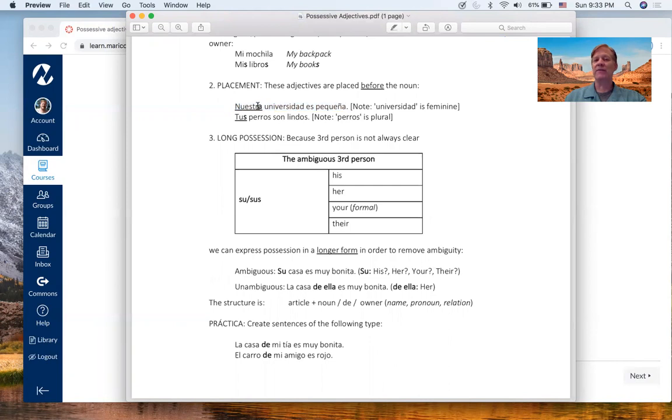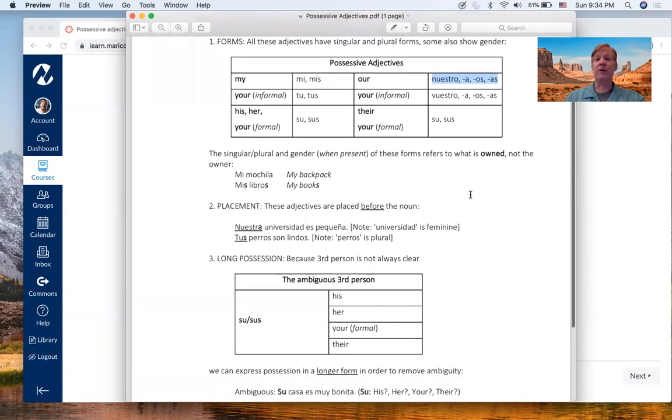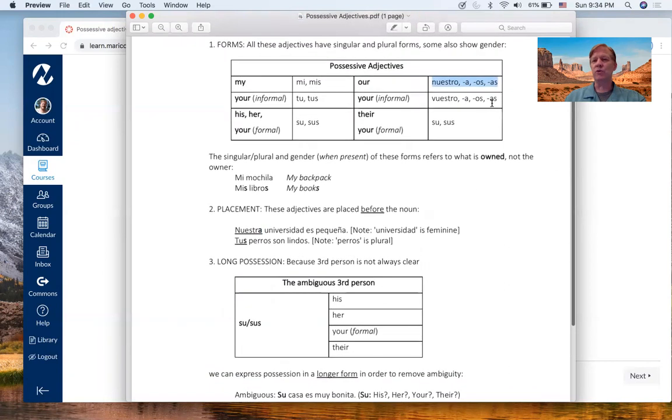Why nuestra? Notice if I look at our university, I have four adjective forms to choose from. Our university. Doesn't change the owner, our, but we choose the one that matches the noun that we are talking about.